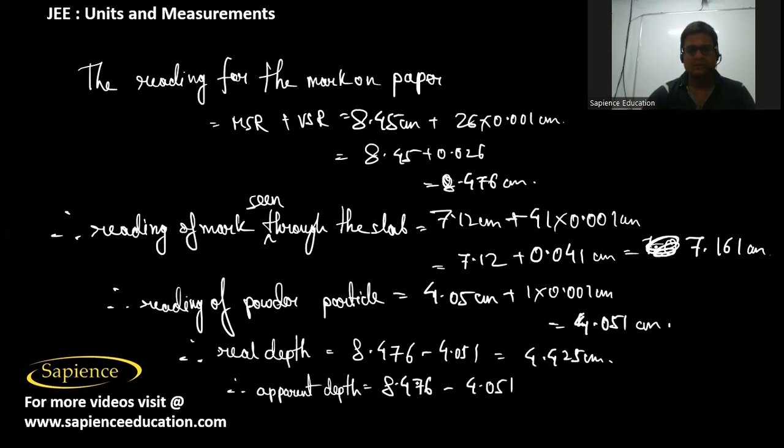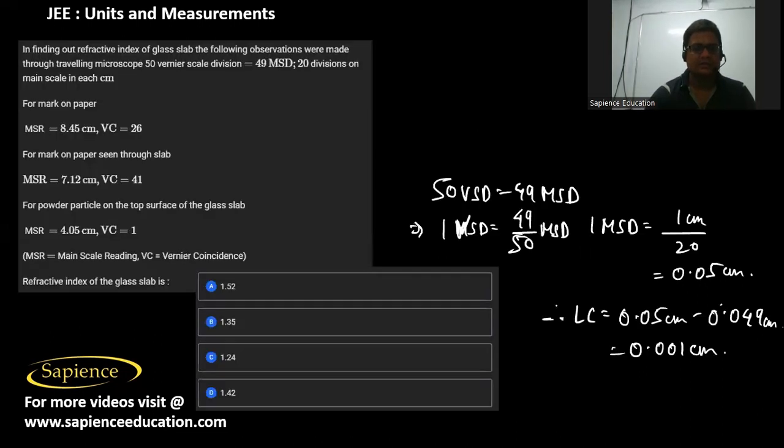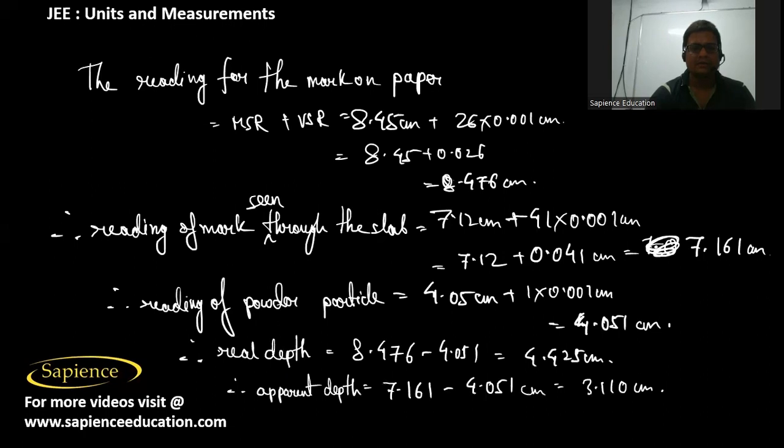No, sorry, this is 7.161 minus 4.051 centimeter. So that will be equal to 3.11 centimeter. So therefore, we have to find the refractive index of the glass slab.